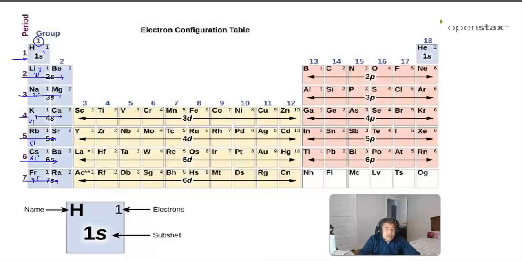So beryllium has 2s2, this is 2s2, this has 3s2, 4s2, 5s2, 6s2, 7s2. These guys have 2 electrons on the s, the 2s, 3s, 4s, 5s, 6s, and 7s.